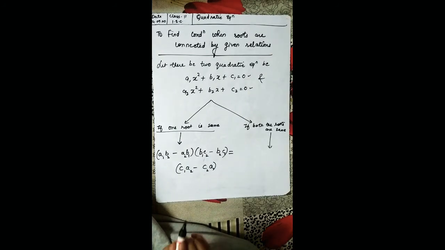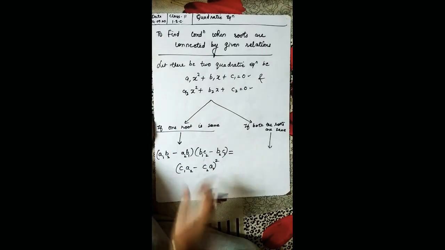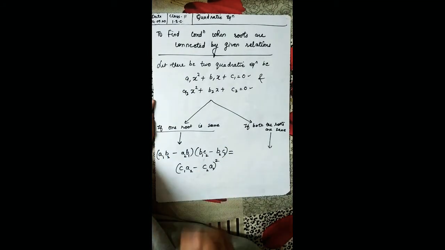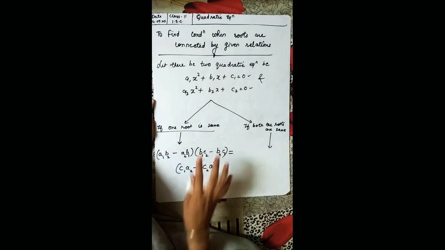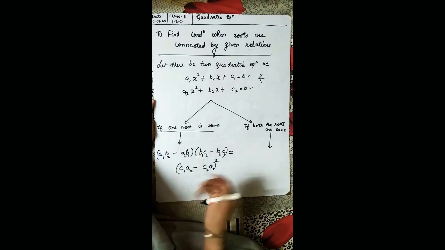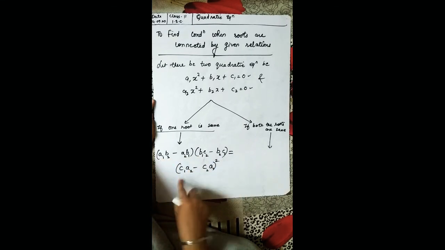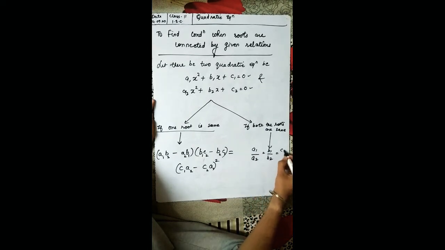And one more thing, you have to put square also here. So this is the condition for finding whether one root of this pair of quadratic equations is common or not. This is the mnemonic for remembering the formula. And for both roots the condition is very simple: a1 upon a2 equal to b1 upon b2 equal to c1 upon c2.